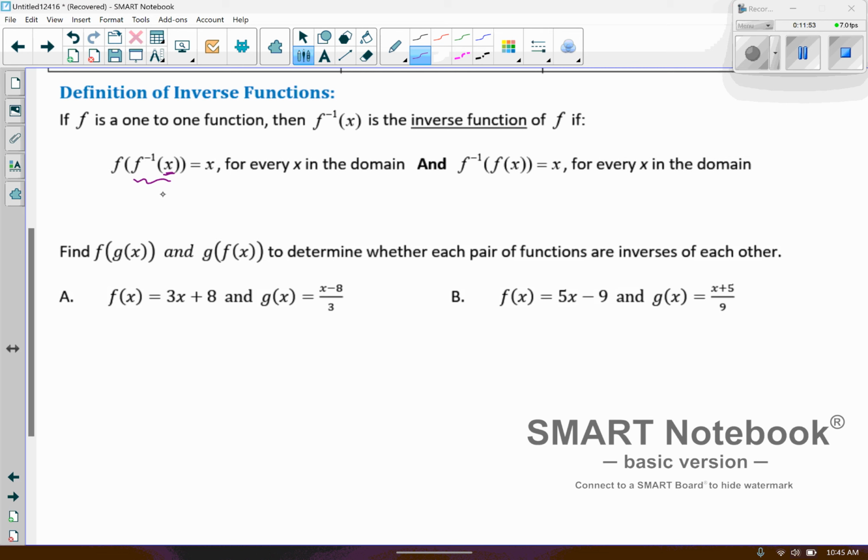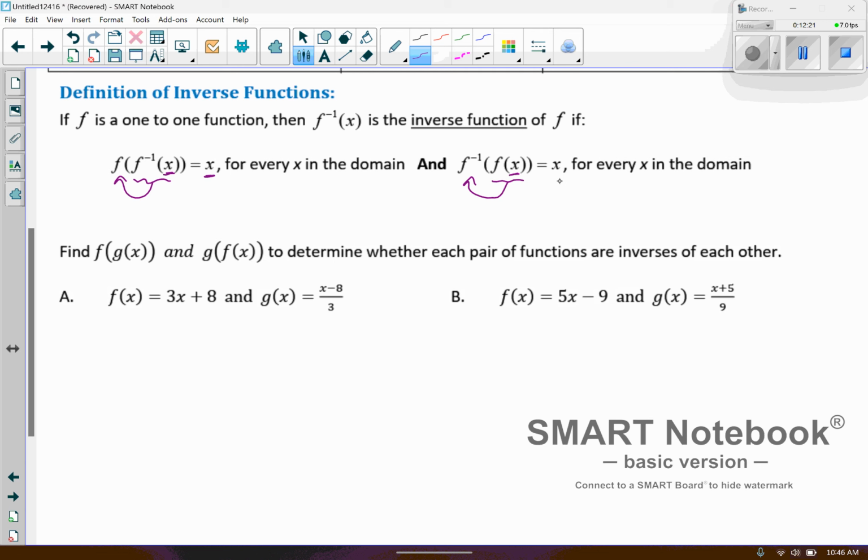Then we stuff that into the f function and see if that returns an x, okay? And then we do the same thing in reverse. We put the x into the f of x function, which gives us that function, plug it into the inverse function, and that should lead us back to x also. So really both of these need to be true, but if it's true for one, most of the time it's going to be true for both.